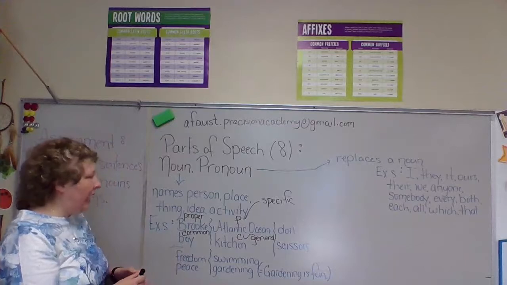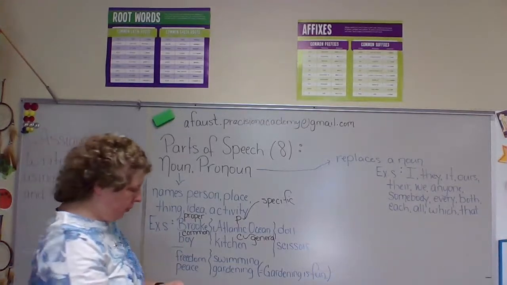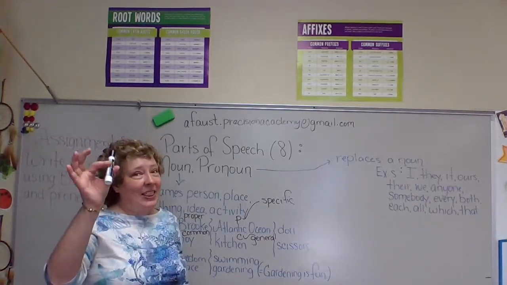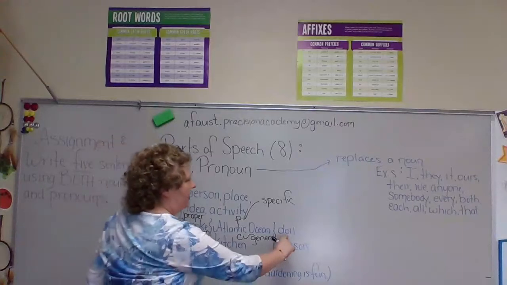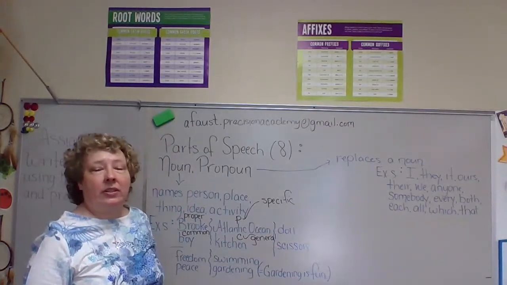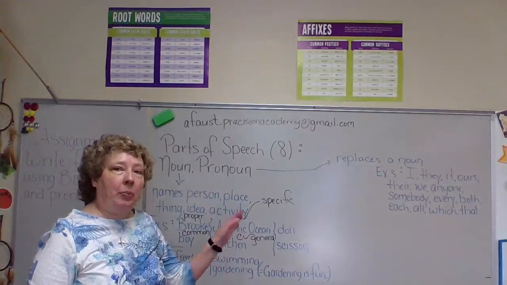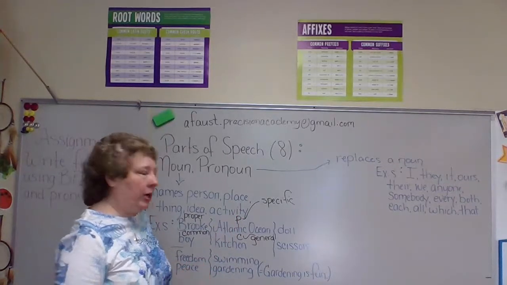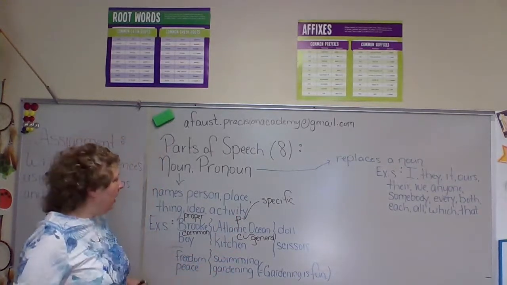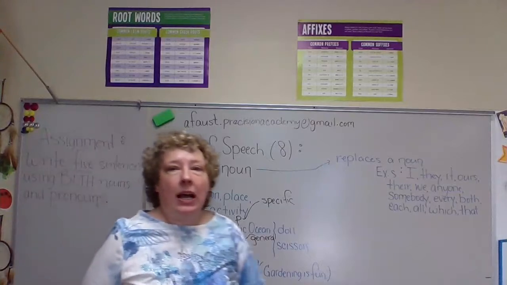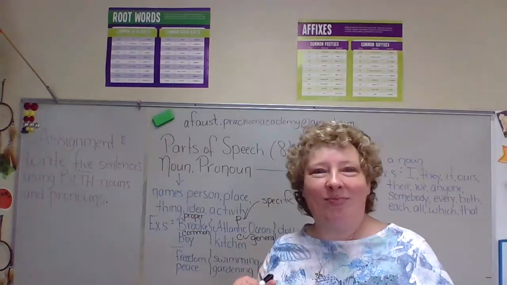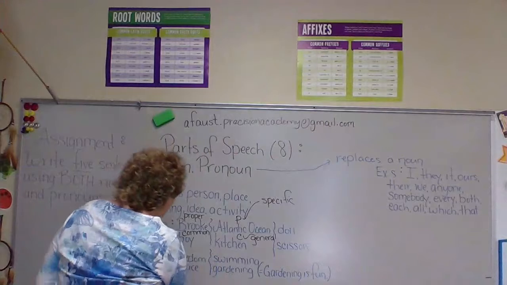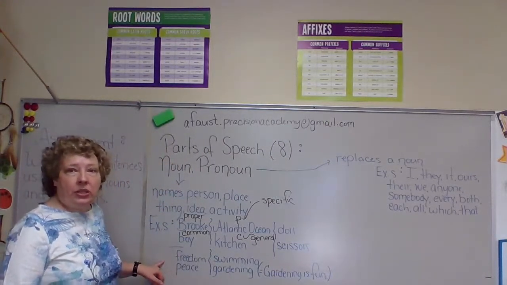Okay, now thing. Boy, having problems with this is a thing, marker. We have doll and scissors. We don't really worry about proper or common in that category, or in the other two. Okay, now you might say, idea and activity. Here it goes. These are ideas right here, these two examples.